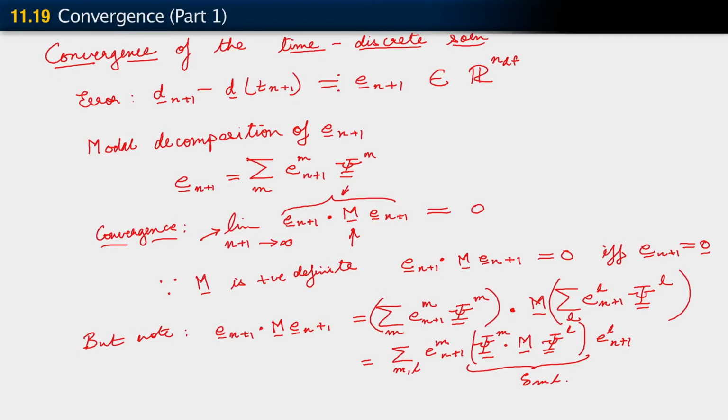Right? Well, if that is the case, we know that this product that we started out with, E^{n+1} dotted with E^{n+1} equals sum over m of E_m^{n+1} E_m^{n+1}.